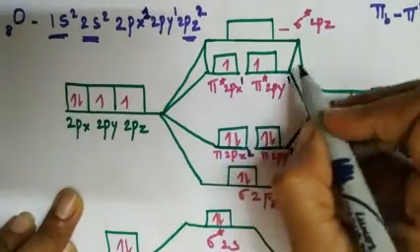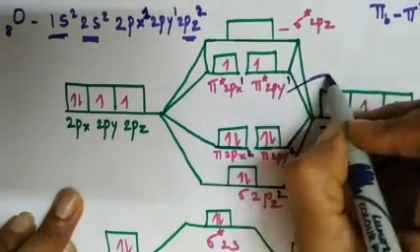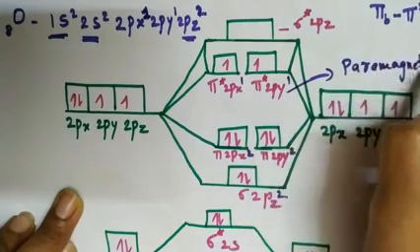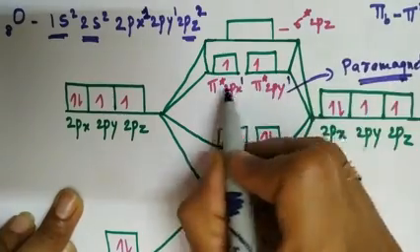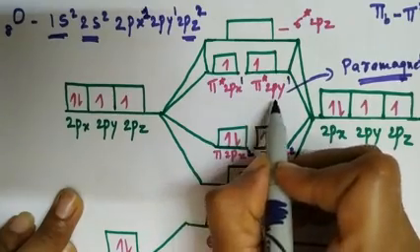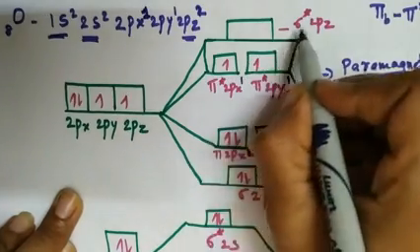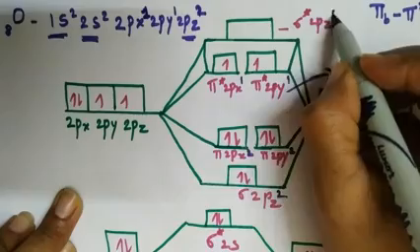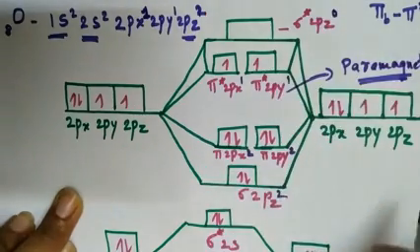This unpairing of electrons in the pi antibonding subshell contributes to the paramagnetic behavior of oxygen. And sigma star 2pz, the sigma antibonding 2pz, is empty, so it is written 0.